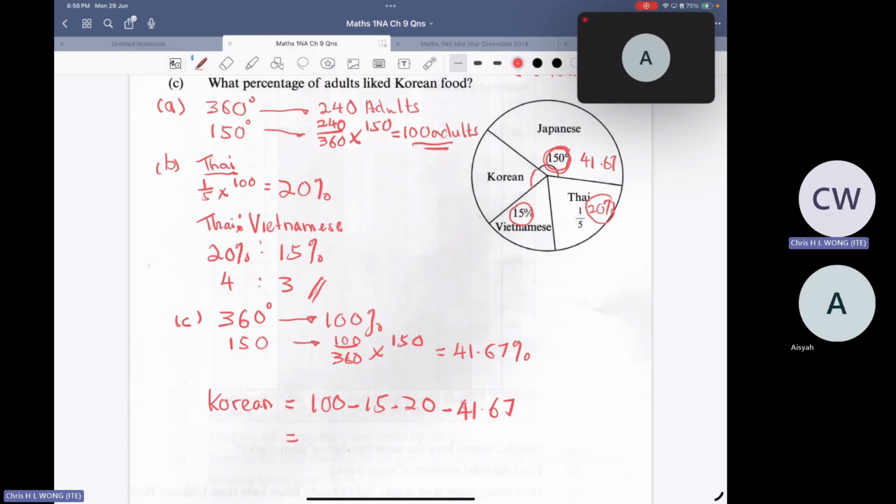41.67 equals to, actually this one has 2 decimal places, because percentage is normally in 2 decimal places, so I put down 2 decimal places. It's supposed to be 41.666666, so I think it's 67.